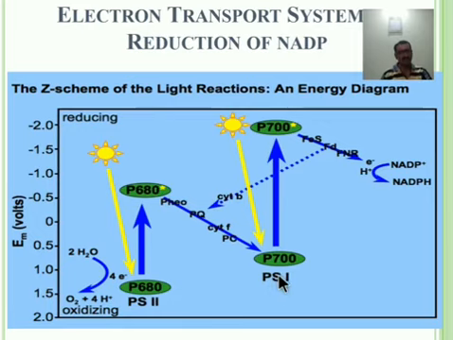Again from pigment system first, it is absorbed by the ferredoxin, and further it goes to the NADP molecule, and in this way this path looks like a Z letter of the English alphabet, so it is known as the Z scheme of light reaction. And in this way, an energy rich molecule, NADPH, is produced in this reaction.